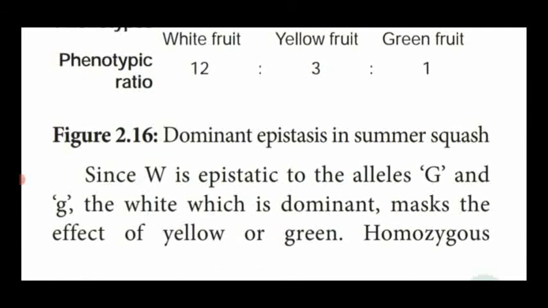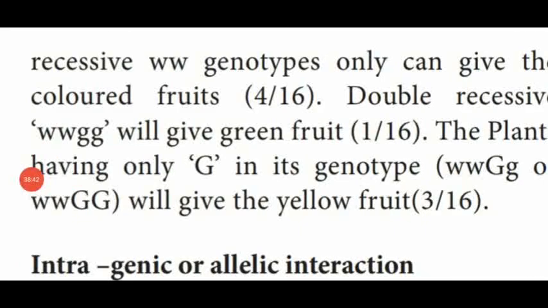Dear students, the W is epistatic to the alleles of G. G means what is that one? Colored, yellow colored fruit. So W is the dominant which suppresses the other colored fruit. So this W gene masks the effect of yellow color or green color fruit. So the homozygous recessive, that is small ww genotype, only can give the colored fruit.